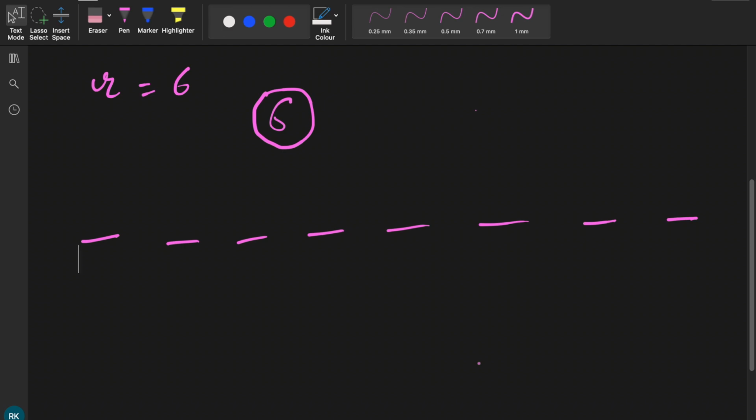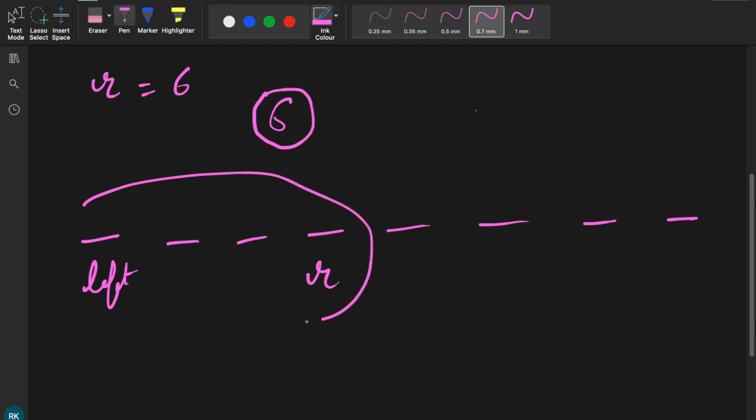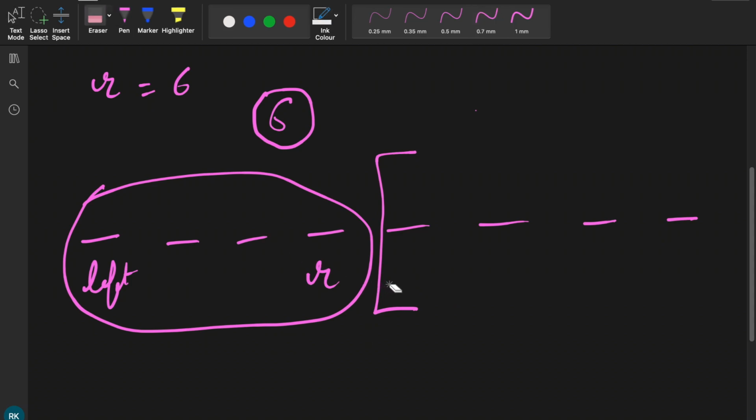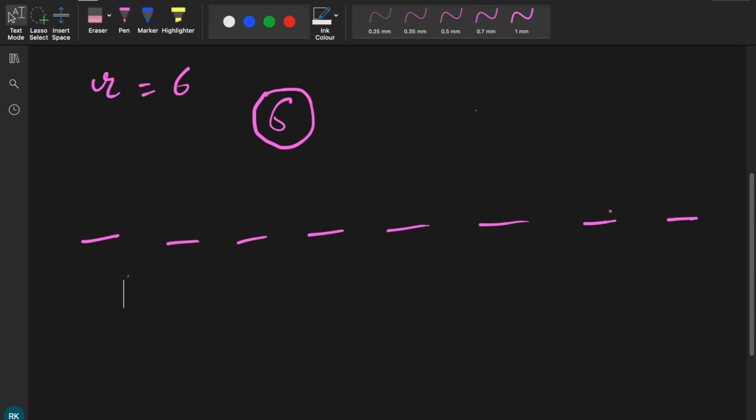Now since we are clear that we have to remove a substring from string t, how will we decide which substring we have to remove? The answer of L and R can be formed in 3 ways. First, the left can be at the first index and right can be somewhere here. So we will remove this entire portion from the beginning, and the remaining portion at the end will form a subsequence of s. The other way around is that the right is at the end of t and left is somewhere here.